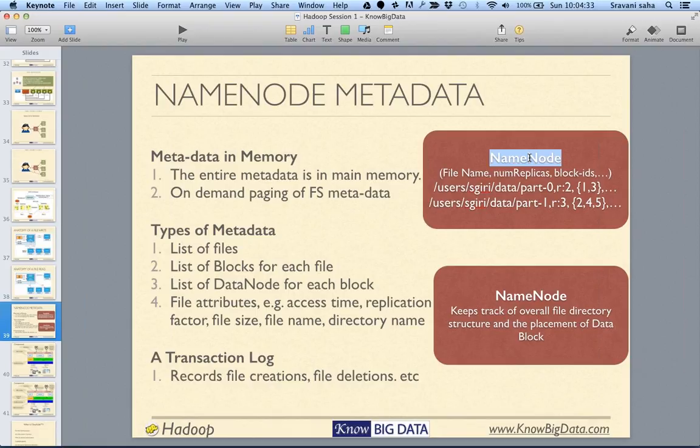Okay, the other way is by the use of something called backup name node. In secondary name node you have to do a lot of manual intervention to bring back the name node, while the backup name node is sort of always ready to become the name node.